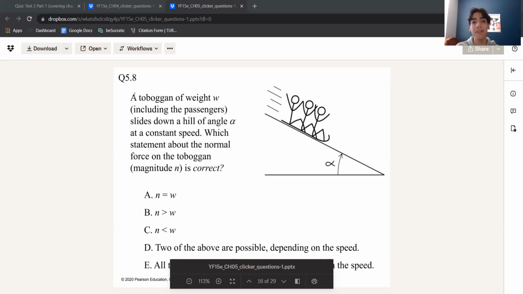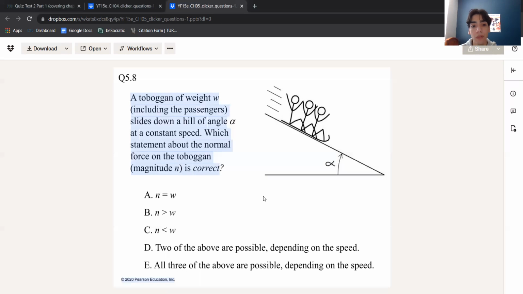So a toboggan, which is a slide, of weight W, including passengers, slides down a hill with an angle of alpha at a constant speed. Which statement about the magnitude of the normal force on the toboggan is correct?